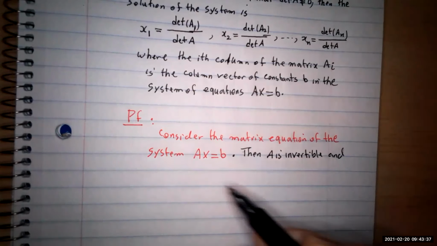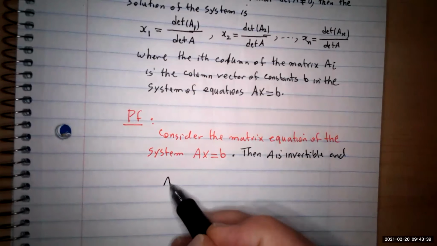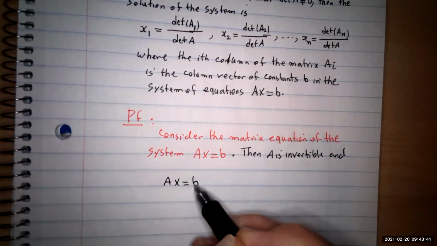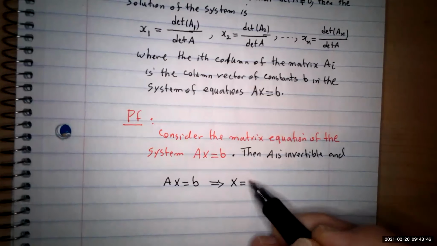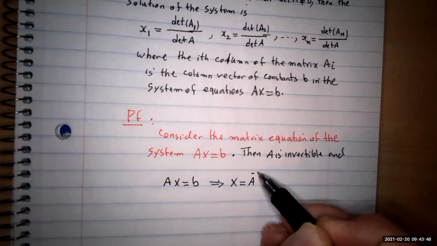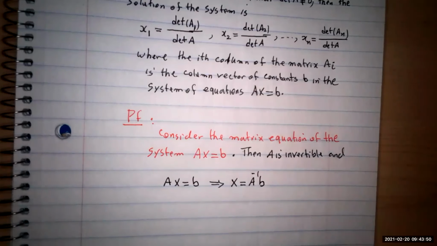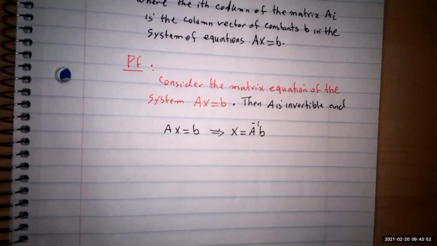What we have now is AX equal to B, so your X would be A inverse times B. So you have to find the inverse.